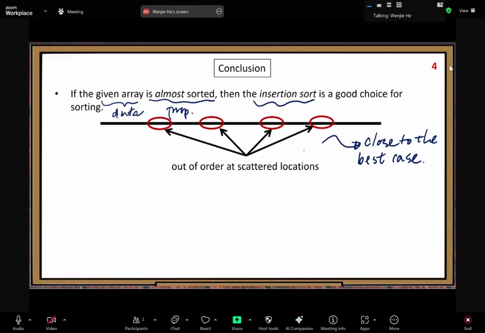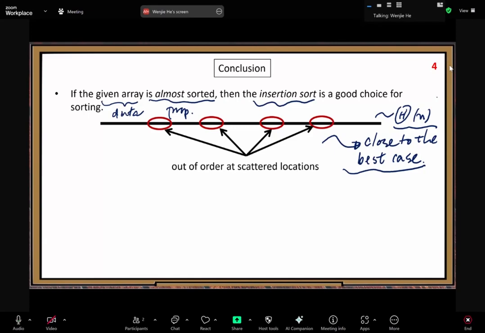But here, not 100% ordered, only a very small portion of the data not ordered, so it should be very close to the best case. And for the best case, we have big theta of n. So the performance is very close to this best case performance.